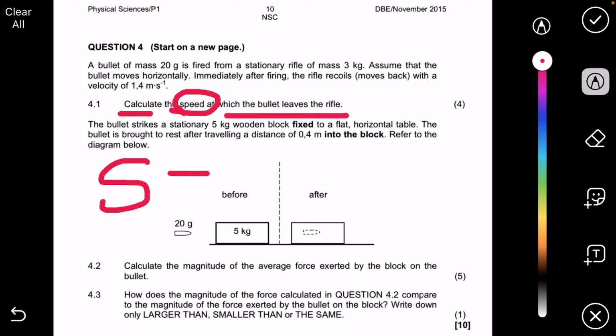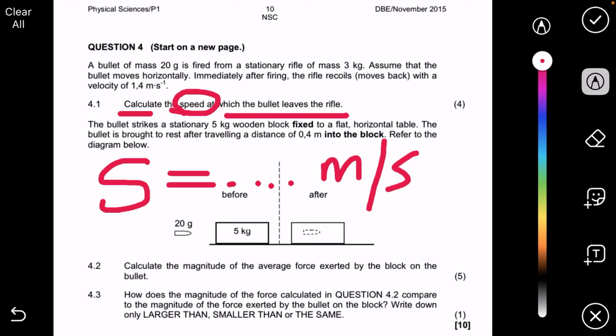So that means finally you should be saying speed or velocity is equal to whatever, ladies and gentlemen, in meters per second. Very, very important.